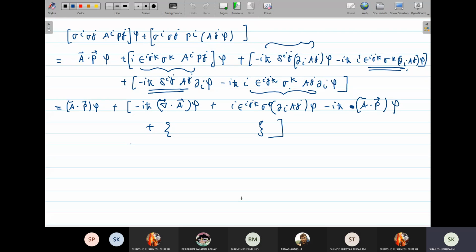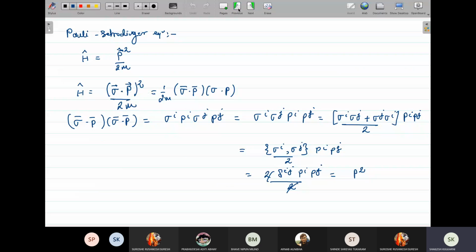Okay, so we'll start from where we left off in the last class. We're discussing the non-relativistic limit of the Dirac equation in the presence of an electromagnetic field.